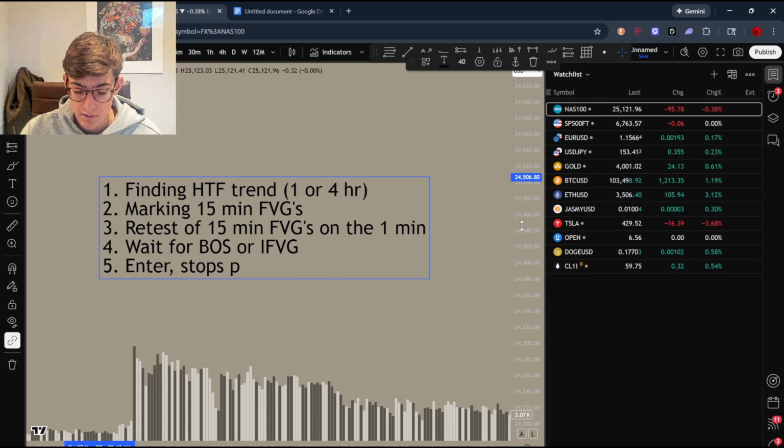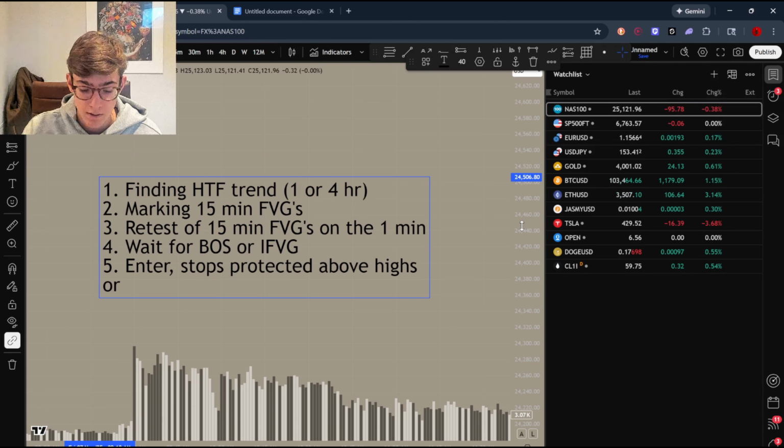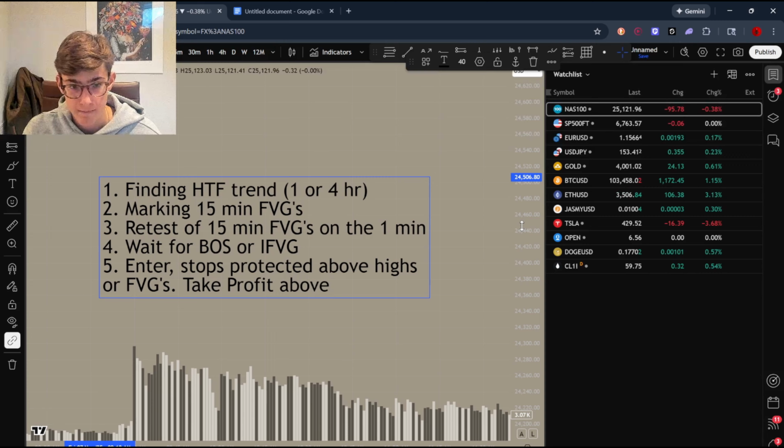Stops above highs or FVGs. Take profit above or below highs and lows.